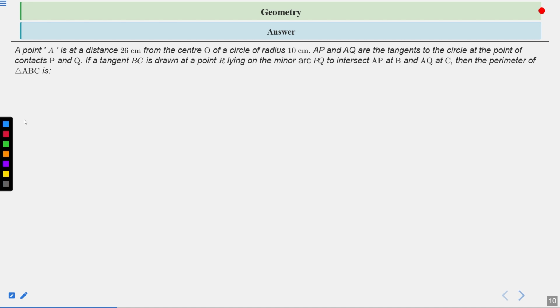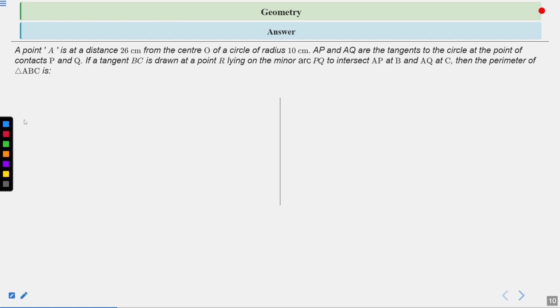The question says that a point A is at a distance of 26 centimeters from the center O of the circle whose radius is 10 centimeters. So the point lies outside the circle, and AP and AQ are the two tangents drawn from the point to the circle, with points of contact P and Q. Now a tangent BC is drawn at a point R lying on the minor arc PQ to intersect AP at B and AQ at C. We need to calculate the perimeter of this triangle ABC.